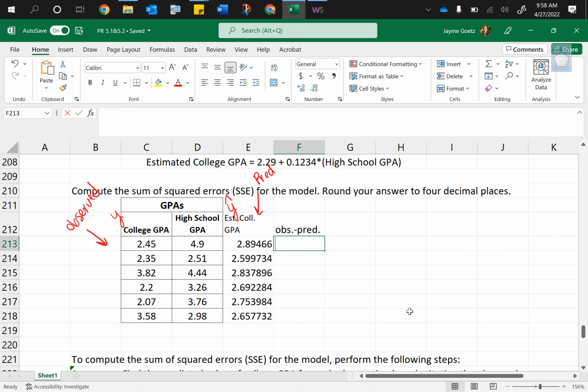So I'm going to hit equals, and I want my college GPA minus my estimated college GPA. Then we're going to drag it on down.